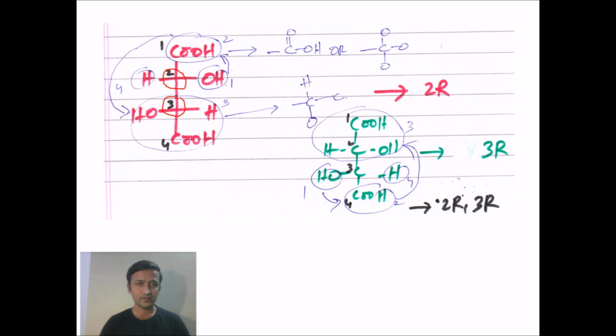Okay, right, let's look at the molecule now. First, we can take carbon 2, the second carbon. Okay, we have the groups now. First priority should be given to OH, 1, second priority should be given to COOH, 2, and third one to this complete group. Right, and the reason I explained here already, why does COOH get second priority?